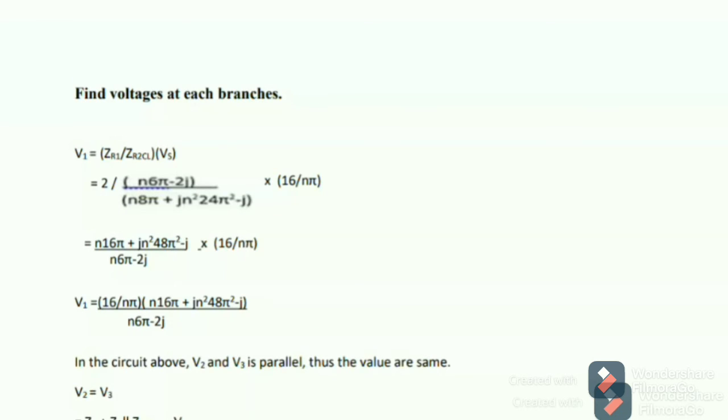So next, we need to find the voltage at each branch. For V1, we know the formula is ZR1 over ZR2 plus ZL parallel ZC multiplied by Vs. We calculate and we got the answer is 16 over n pi bracket n 60 pi plus j n square 48 pi square minus j over n 6 pi minus 2j.